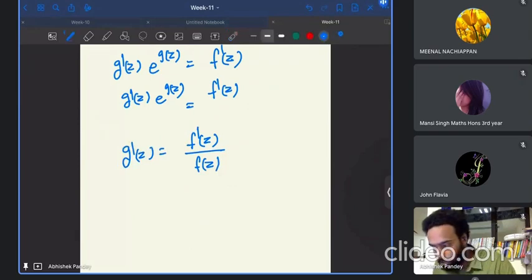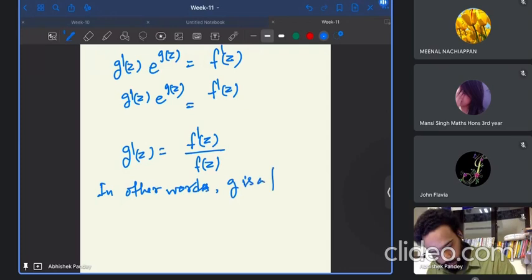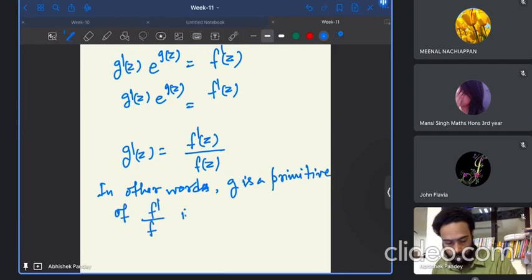So in other words, g is a primitive of f dash by f in omega.